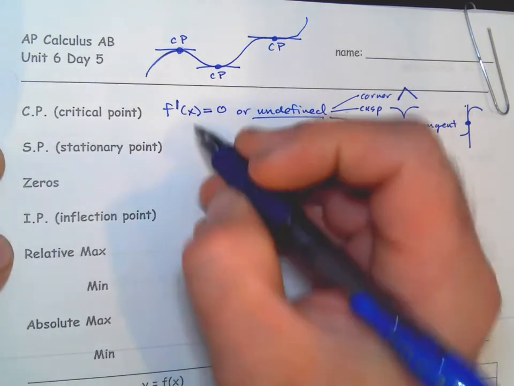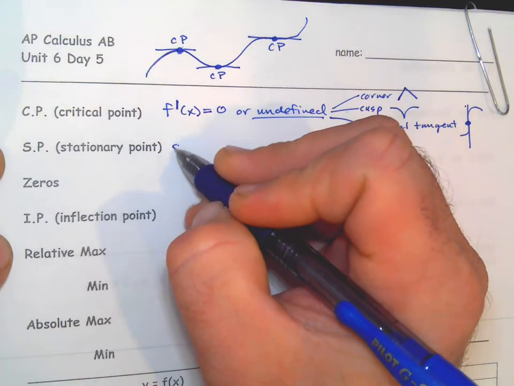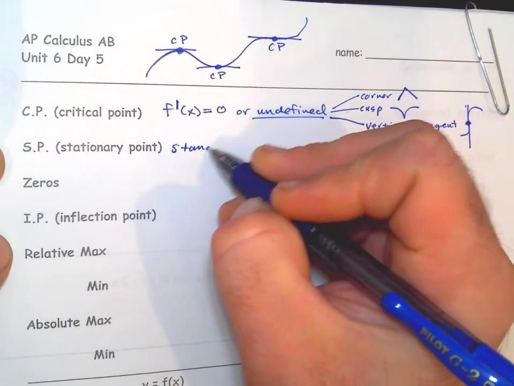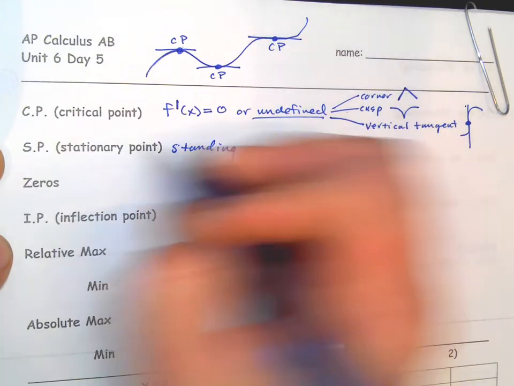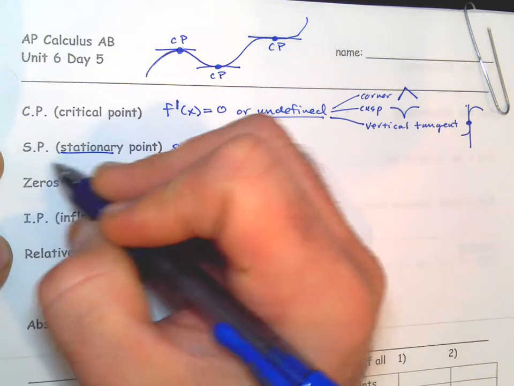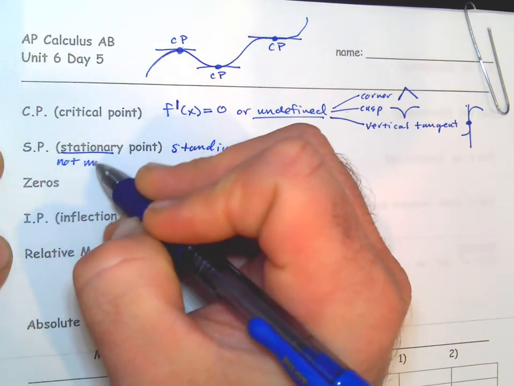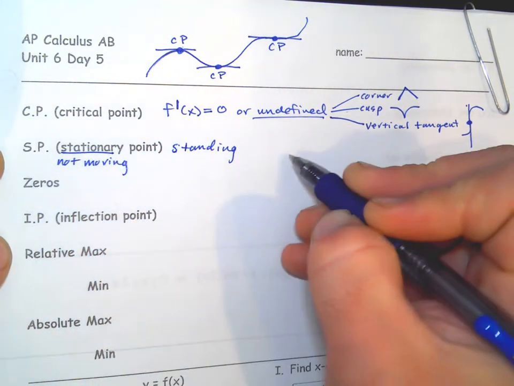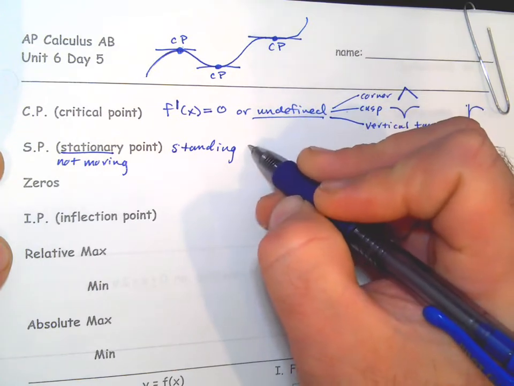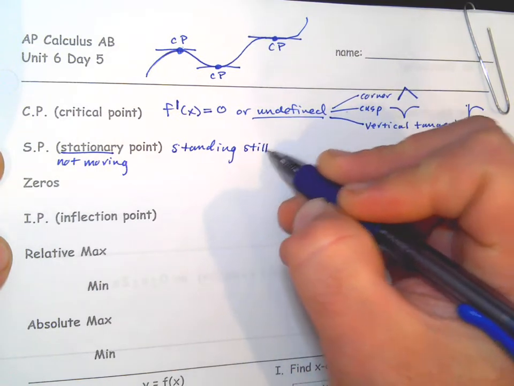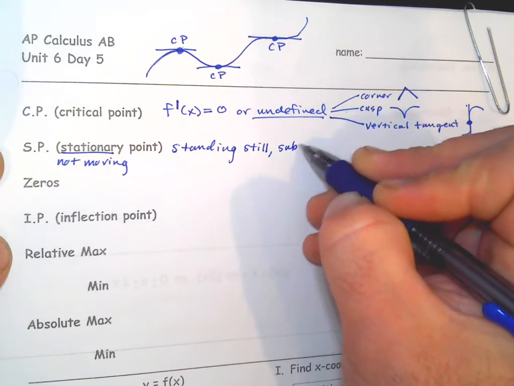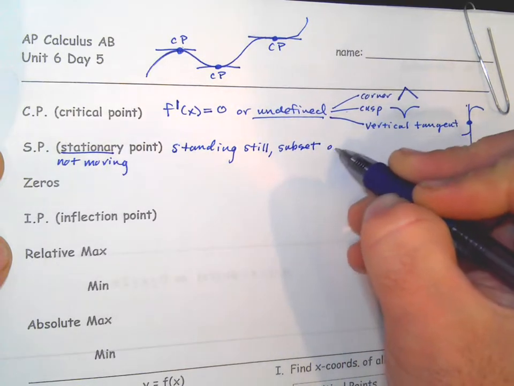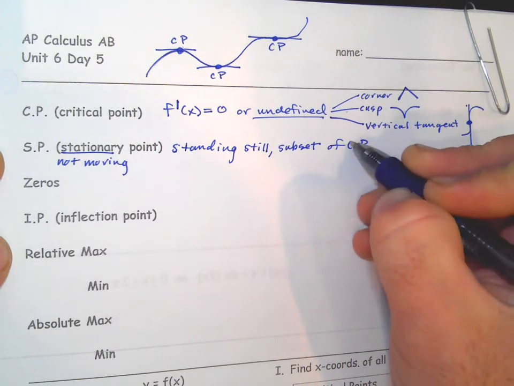Stationary point is a subset of critical points. Stationary, you think of as not moving, right? Sometimes we use this description with motion problems. So standing still. So it's a subset of critical points.